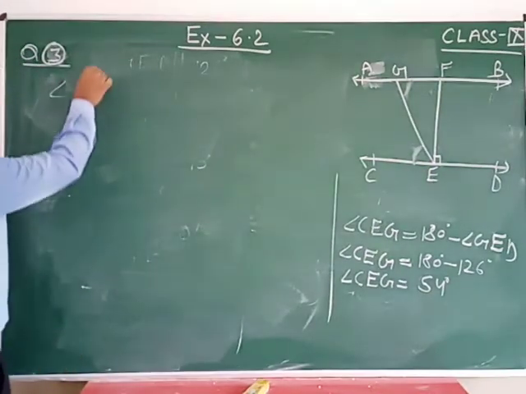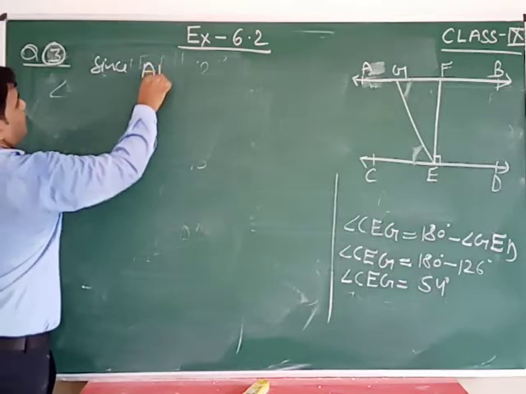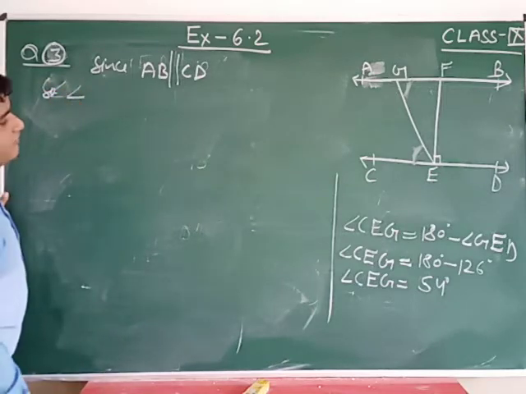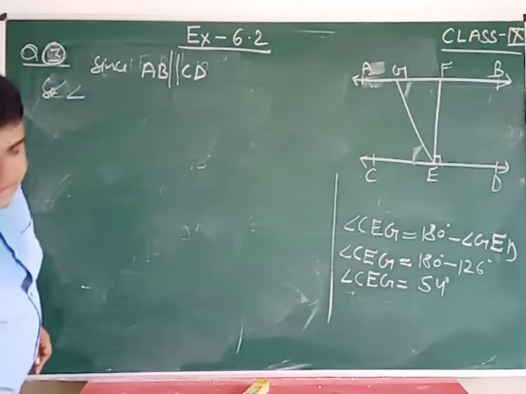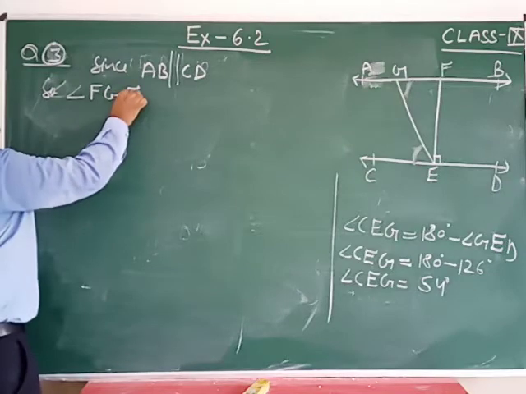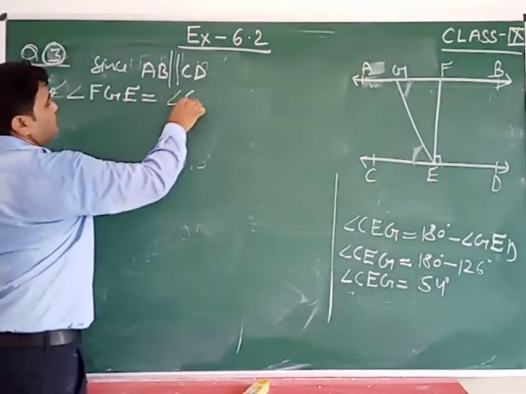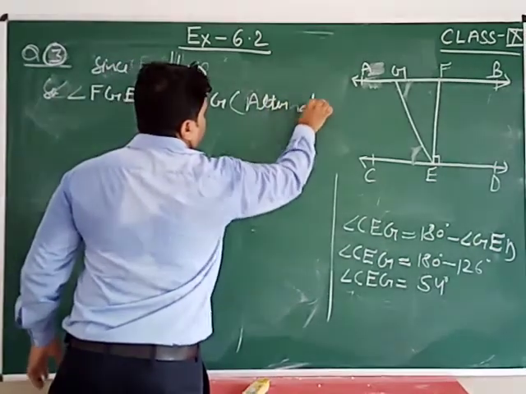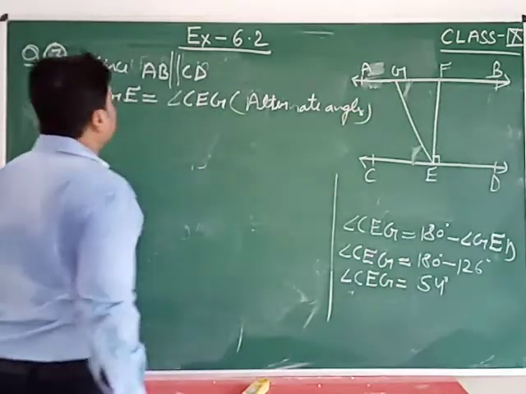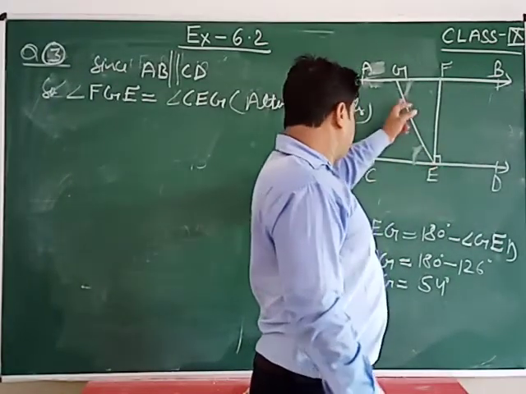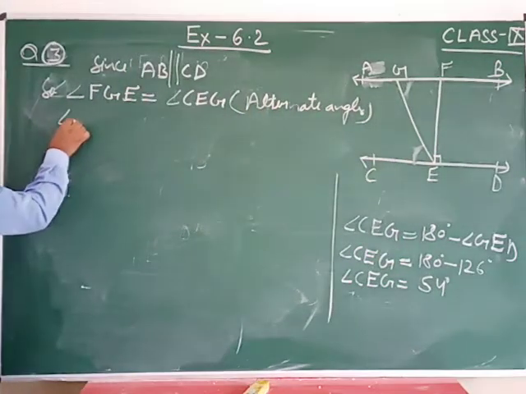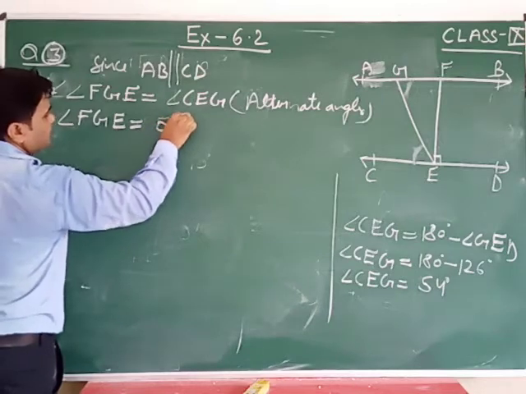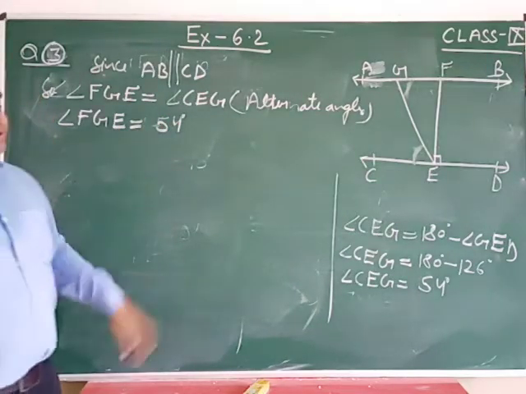Since AB is parallel to CD, angle FGE equals angle CEG, alternate angles. CEG is 54 degrees, so FGE is 54.